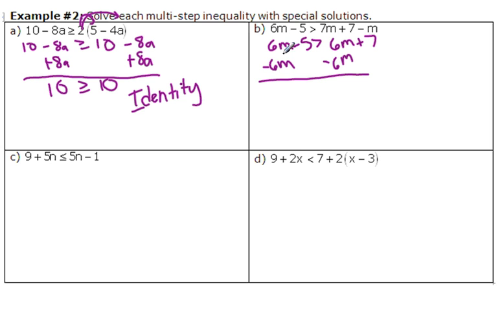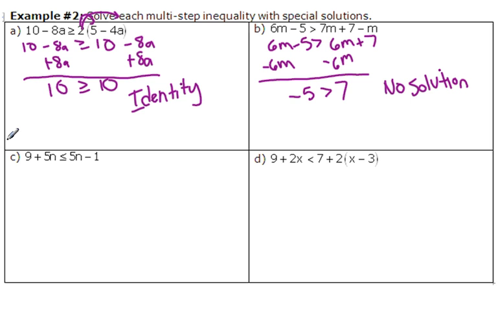When I do that, 6m minus 6m cancels, and I'm left with negative 5. 6m minus 6m cancels on this side, and I'm left with 7. So I need to ask myself, is negative 5 greater than 7? Well, no, it's not. Negative 5 is smaller than 7, so this has no solution.